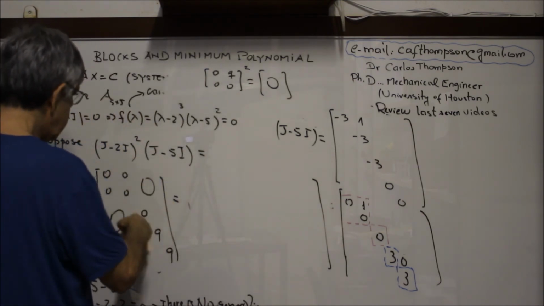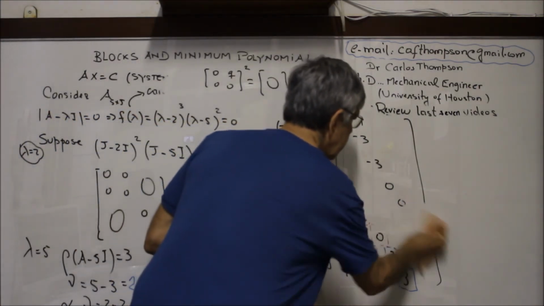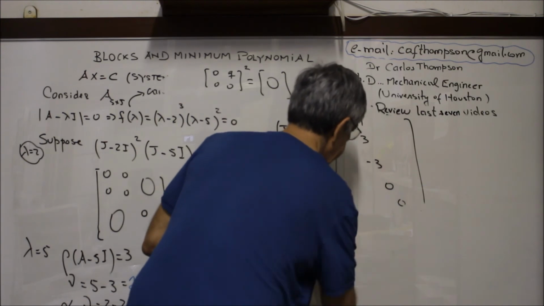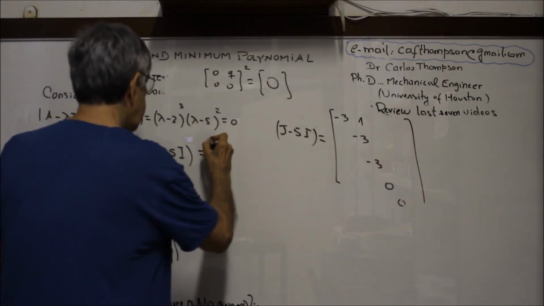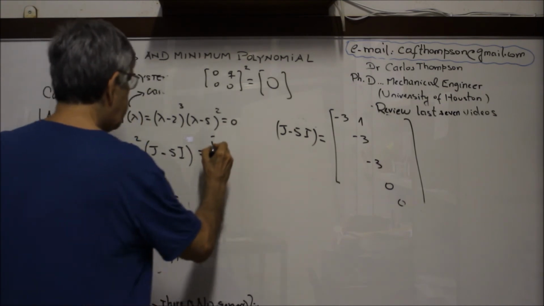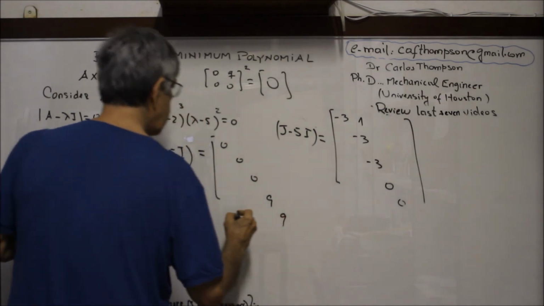I'll put J minus 2I squared here, I'll raise it here, and here I put 0, 0, 0, 9, and 9.